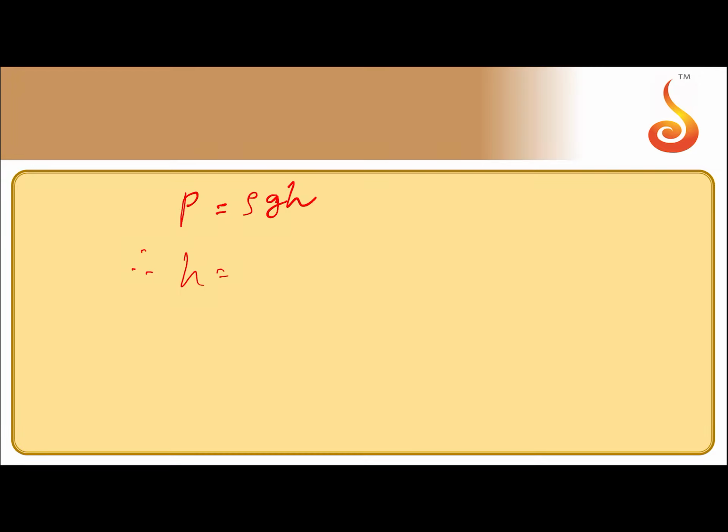So h is equal to P divided by rho g, that is nothing but 1 into 10 to the power of 5, density is 1.3 and g is 10, and you can simplify this and it turns out to be 7.7 into 10 to the power of 3 meters, or h is equal to 7.7 kilometers.